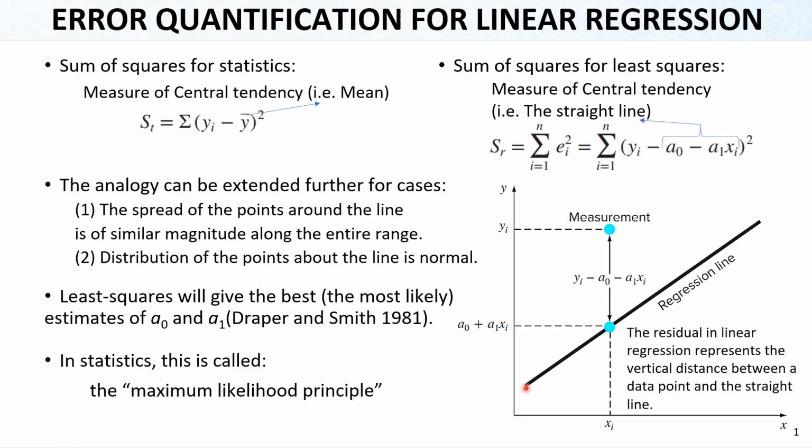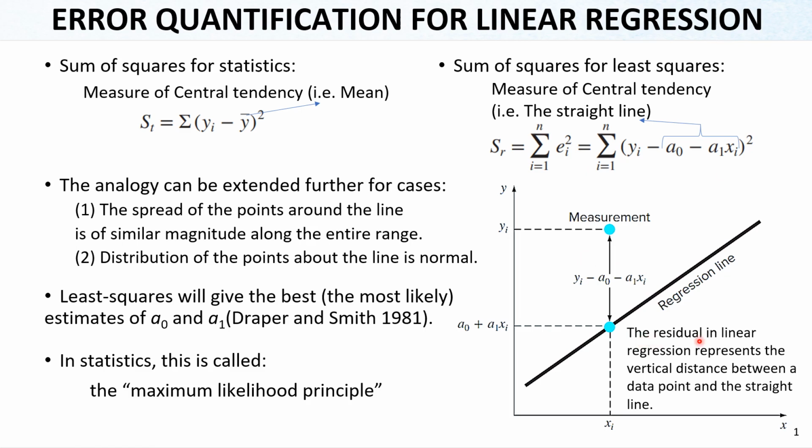And you can see here a regression line, for instance. And this is the measurement, and this is the point on the regression line, which is a prediction of measurement by the straight line formulation. And the difference between this is basically this. So this is the difference, and we take the square of it and sum them all for each data.